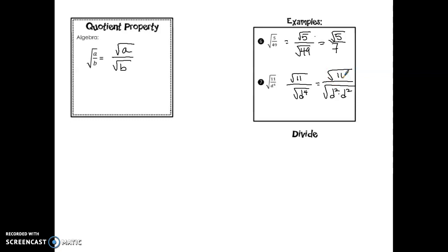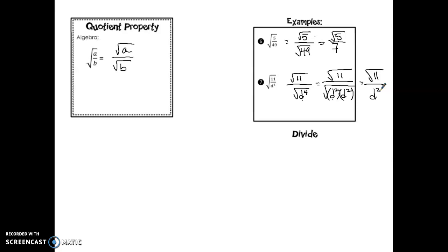It has no factors that are perfect squares, but the root of d to the 4th, d squared times d squared gives you d to the 4th. That is the same number, right? So I can actually take the square root of that, and I'm going to get the root of 11 over d squared. Okay, get these in your notes, and we will do more practice when we get to school.